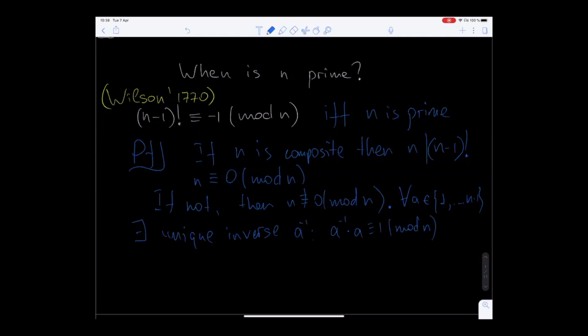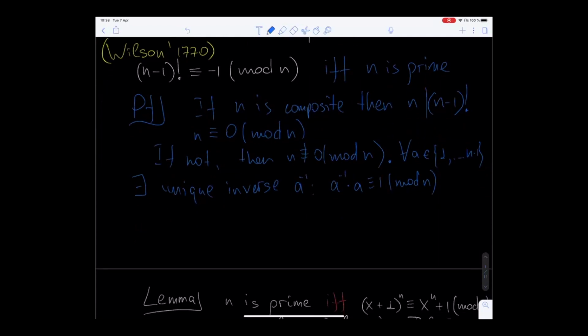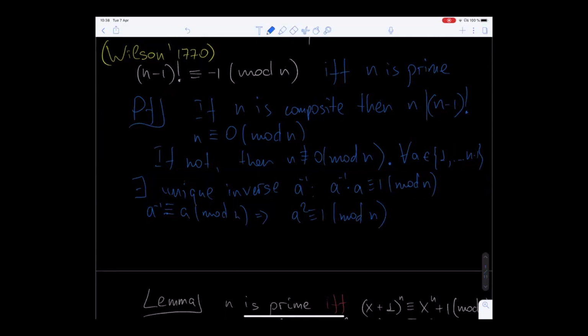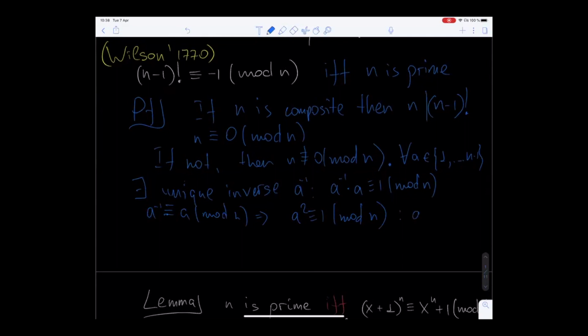In almost all cases, a and a^-1 are different. If a^-1 and a are the same, then a squared is congruent to 1, and the only solutions for that are a congruent to plus or minus 1 mod n.